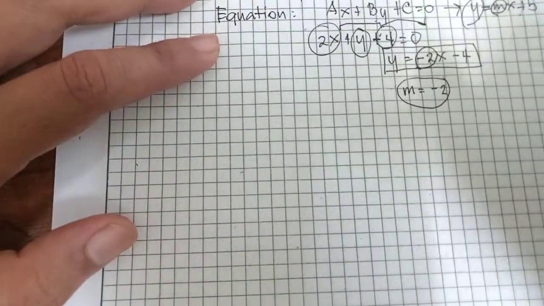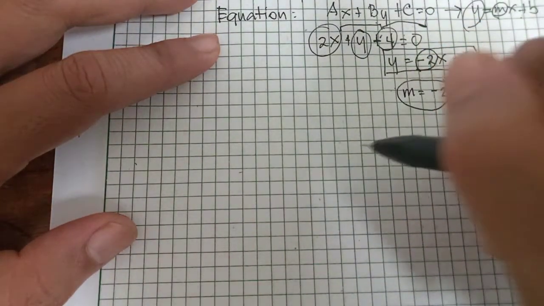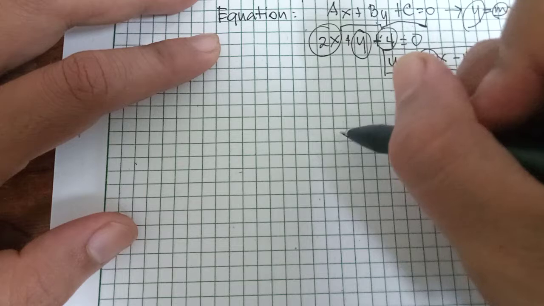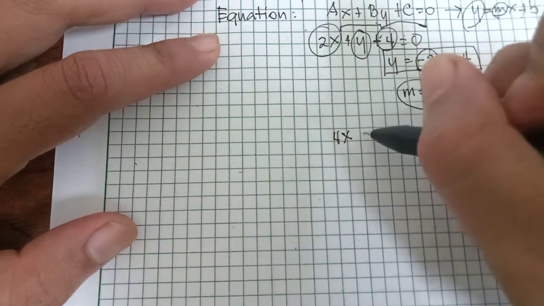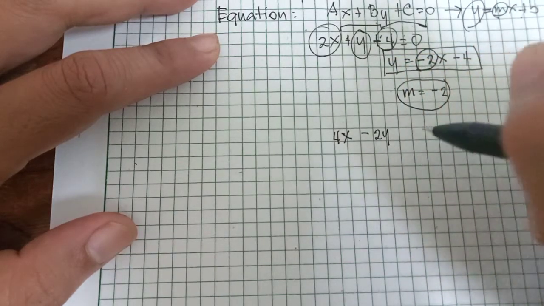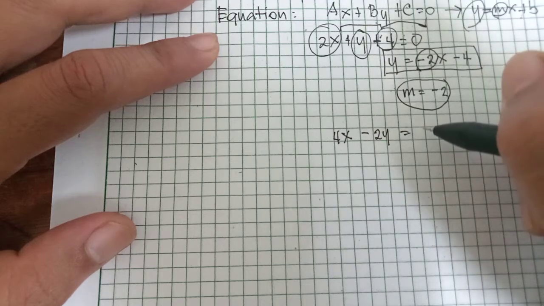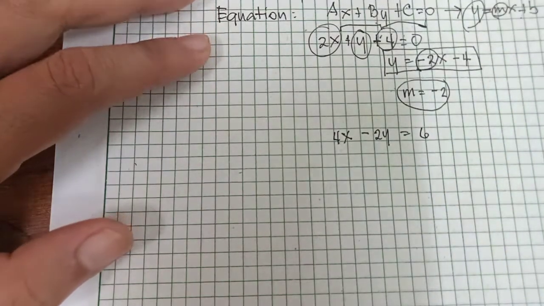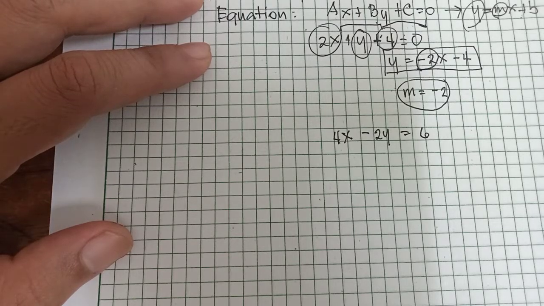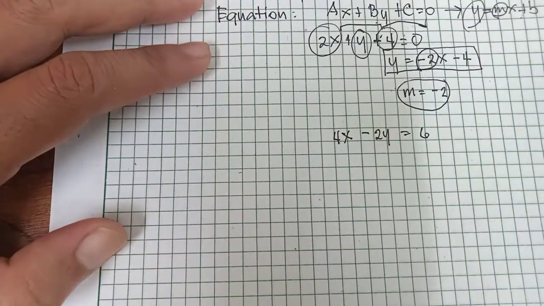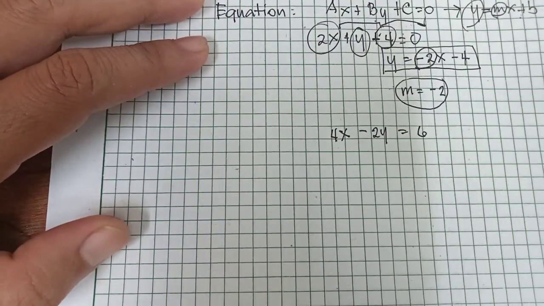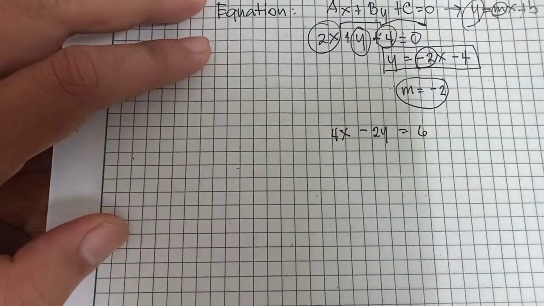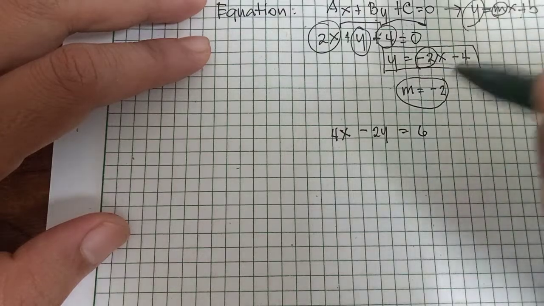Another example. So what if we have 4x minus 2y is equal to, let's say, 6. Yes, let's have this one. 4x minus 2y is equal to 6. The same also, we're going to isolate our y.